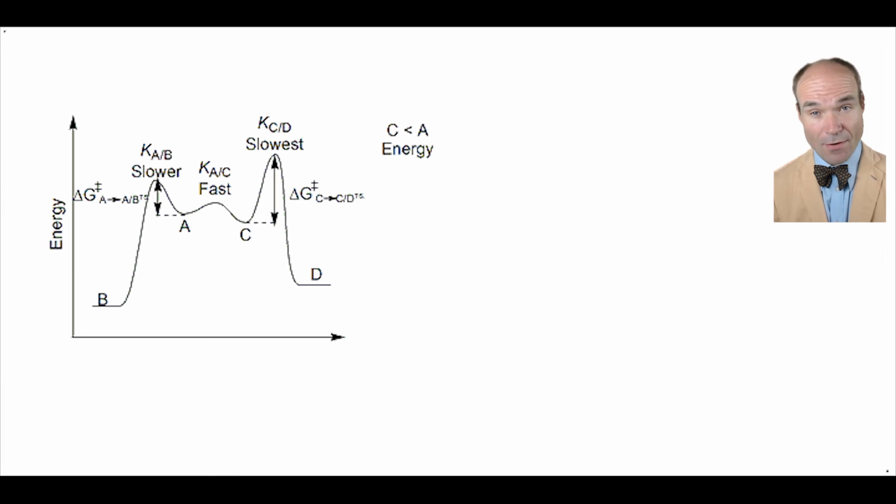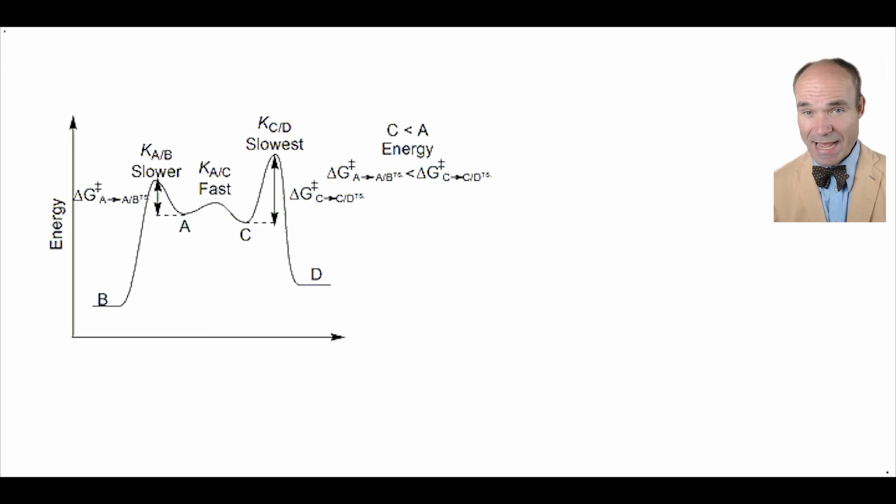C is of lower energy than A. Whilst here, the activation energy of A's transformation into B is less than C's transformation into D. A and C's ratio of concentration remains constant for the duration of the reaction.